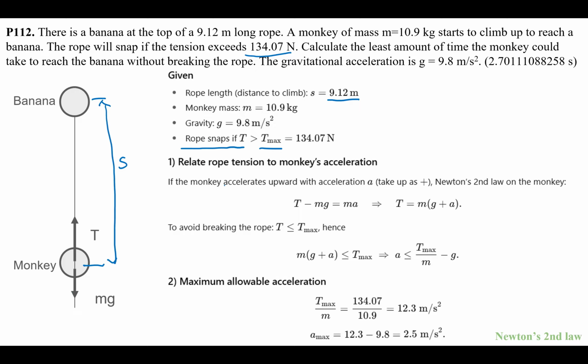So if the monkey accelerates upward with acceleration a, then we have a total force T minus mg, which should be the same as ma. And what we want is that this T should be less than T max, okay? Such that we have a range over a.